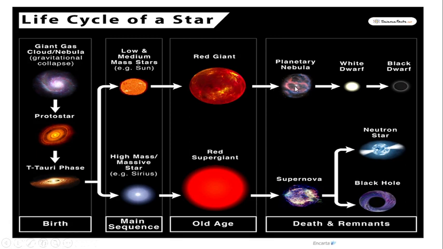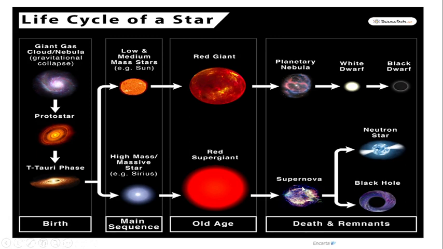At the death stage, the red giant sheds off its outer layer, and we'll have what is known as a planetary nebula with an inner core. Notice the white stuff right inside here.